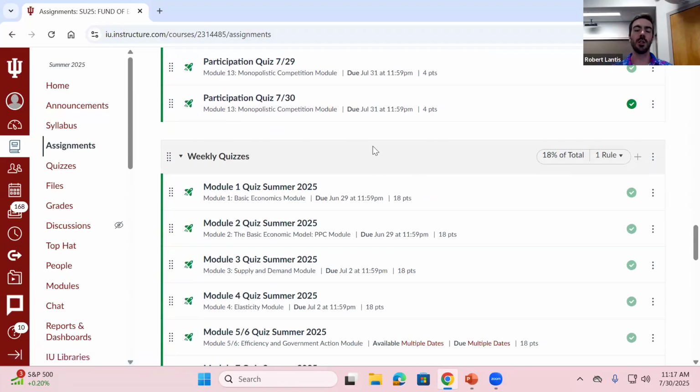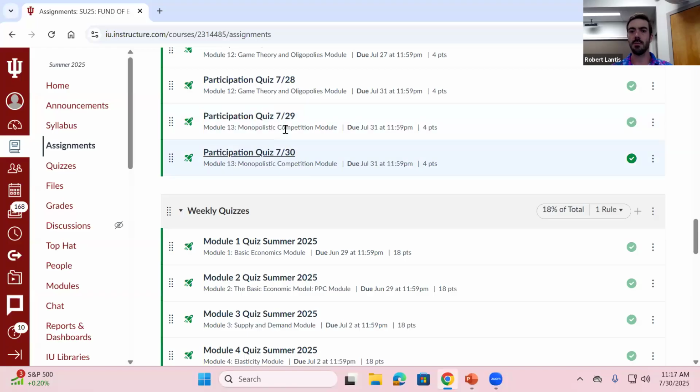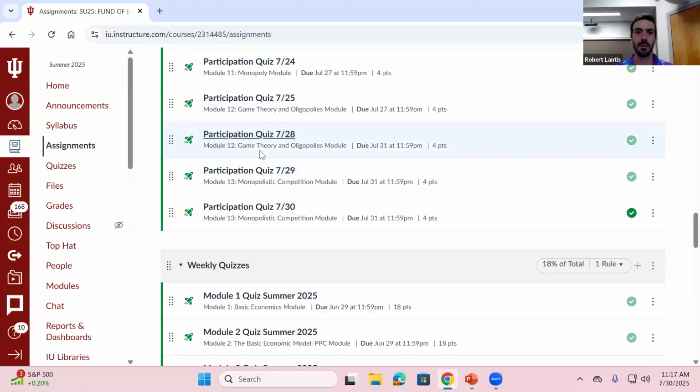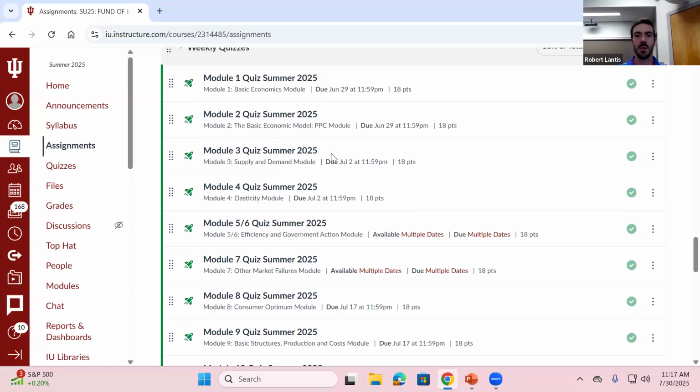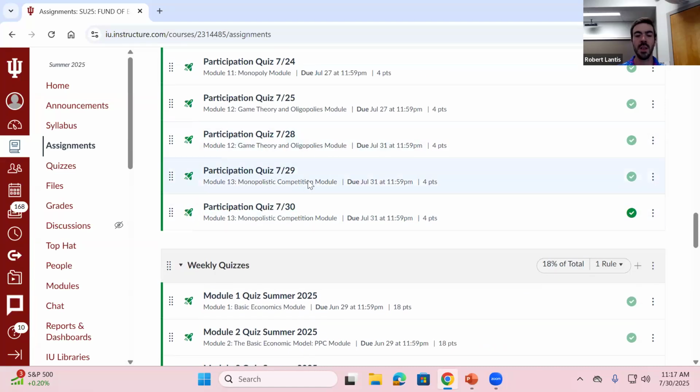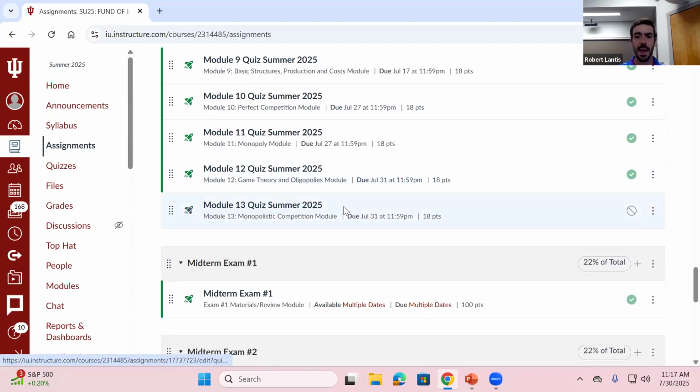Now, obviously, that's going to change a little bit because these due dates haven't passed for the last participation quizzes. Actually, not 4, the last 3, and they haven't passed for the last 2 quizzes. After today's class, that module 13 quiz will be up there. All of those are due by the end of the day tomorrow.